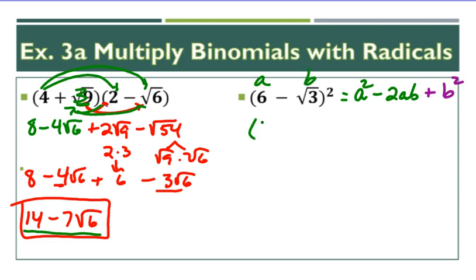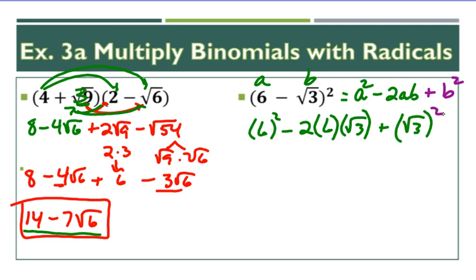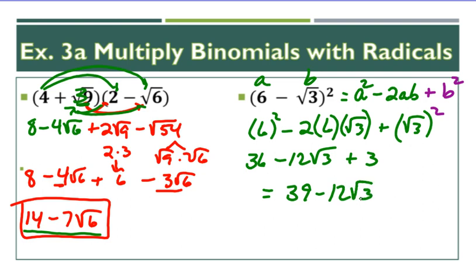So I plug that in there, 6 squared minus 2 times 6 times the square root of 3 plus square root of 3 squared. And I would have 36 minus 12 square root of 3 plus 3. And then 36 plus 3 equals 39 minus 12 square root of 3. So that would be your answer. You could use FOIL if you wanted to, or you can use the simplified formula.